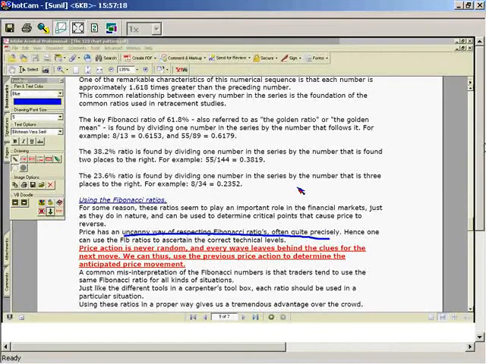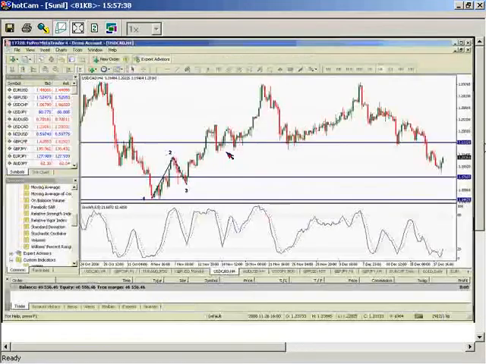I always say price action is never random. Always look at price action. Every wave will give you clues. You can always use the previous price action to determine the anticipated price movement. Now, in effect, aren't you doing the same thing on your Fibonacci retracements, right? You are using the previous move.